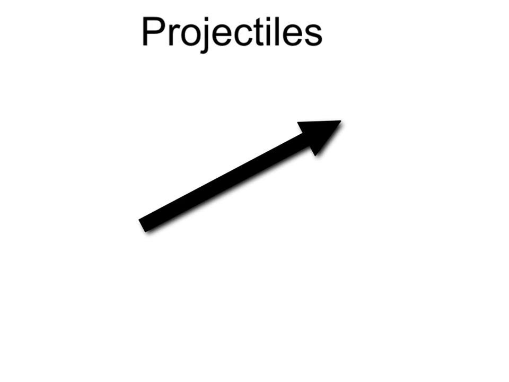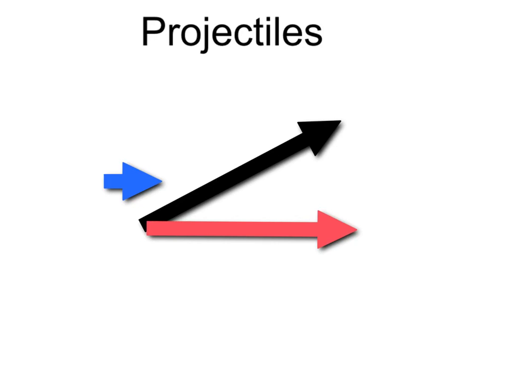If we draw on the horizontal component in red, and then the vertical component in blue, we can say that these two components are equivalent to the single black arrow that we've got represented there.